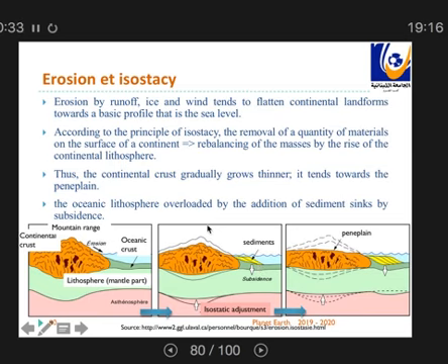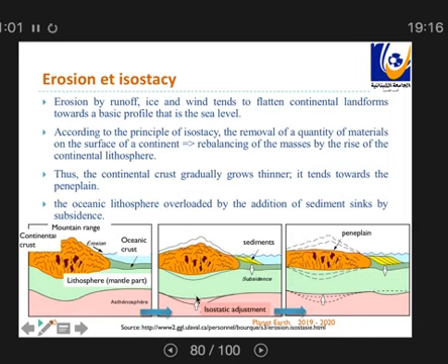Okay, so what happens after the erosion is done? There is a process called isostatic adjustment. Actually, the removal of a quantity of material requires a rebalancing of the mass by the rise of the continental lithosphere.